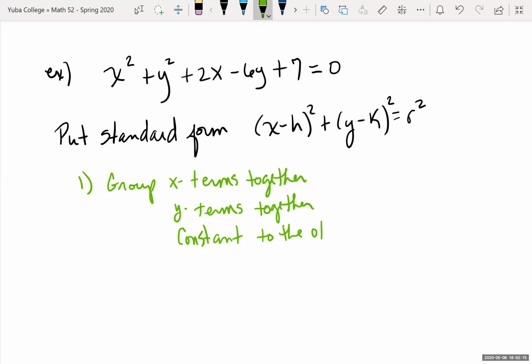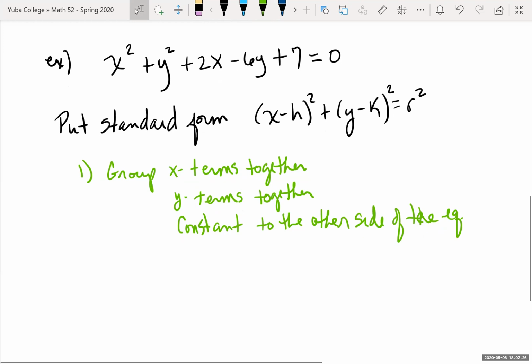Okay, so doing that, I'm going to rewrite this. We have x squared plus 2x. Let's leave a space here.